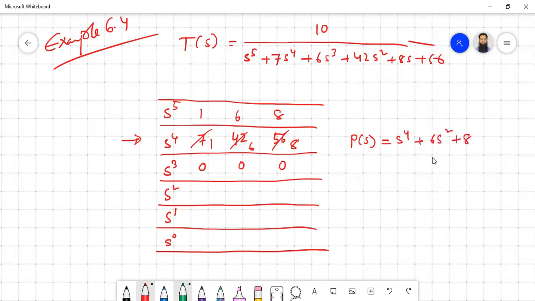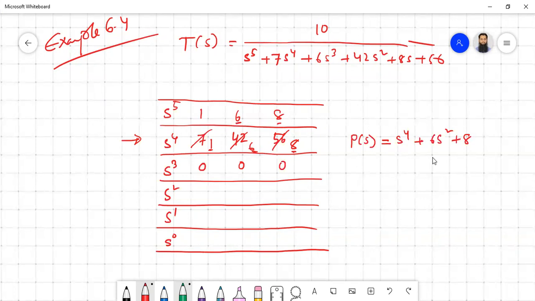This is the coefficient of s to the power 4, this is the coefficient of s squared, and this is the constant coefficient. Why? Because this is the coefficient of s to the power 4, this is s to the power 3, then this is 2, this is 1, this is s to the power 0. So we put them in a zigzag way, and that is why the even polynomial equation looks like this.